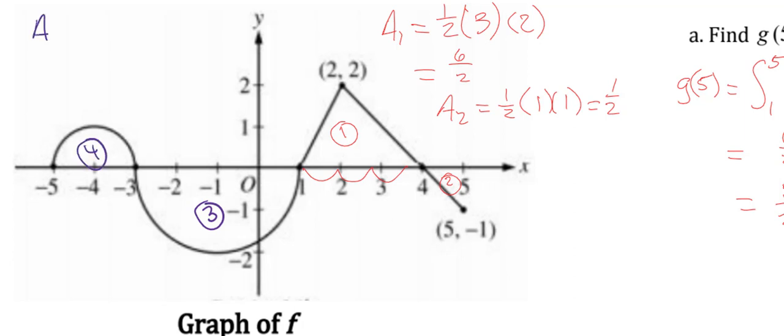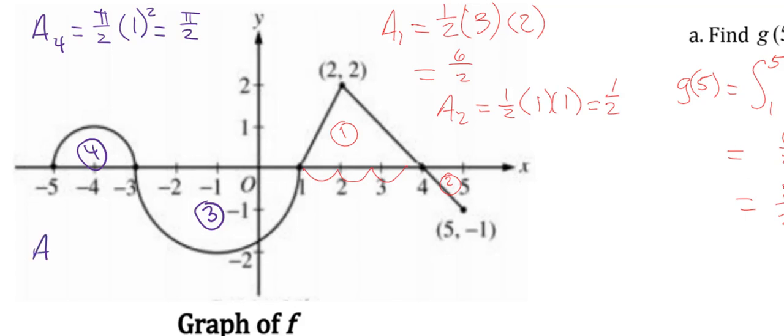When I go to find the area of the semicircle denoted by area 4, that's just going to be 1/2 pi r squared. I'm just going to put the pi right there on top. And our radius for the smaller semicircle is just 1. So that whole thing gives us a value of pi over 2. So the area of the semicircle represented by 4 is just pi over 2.